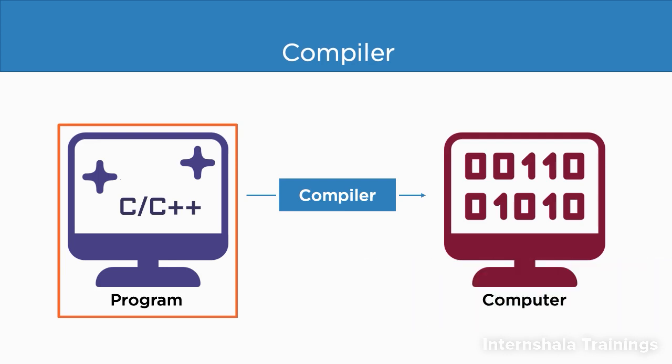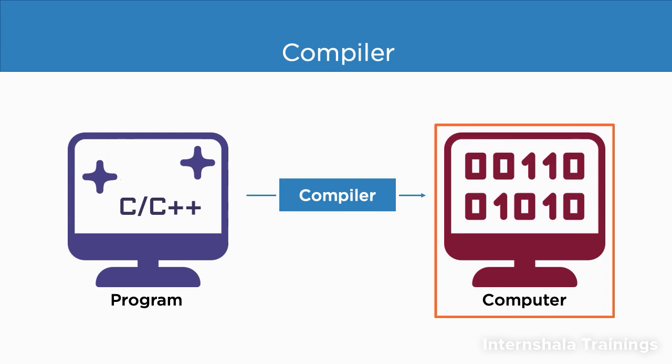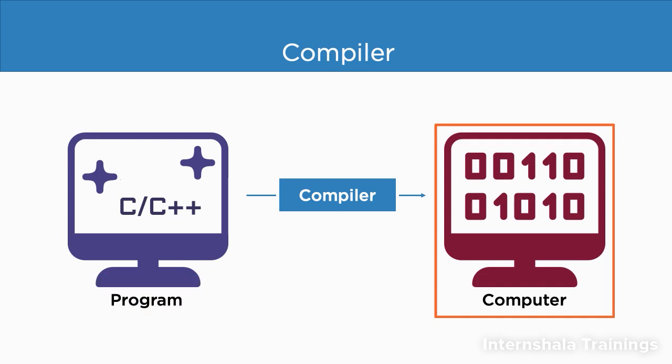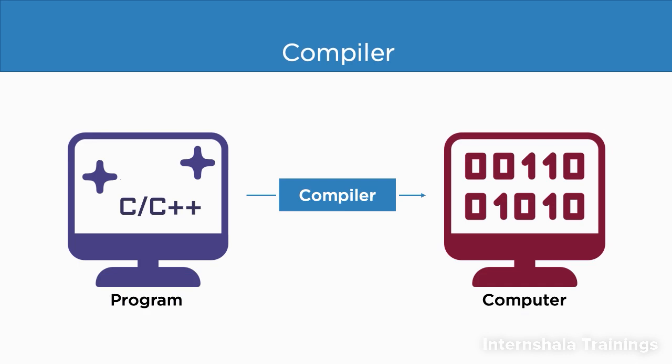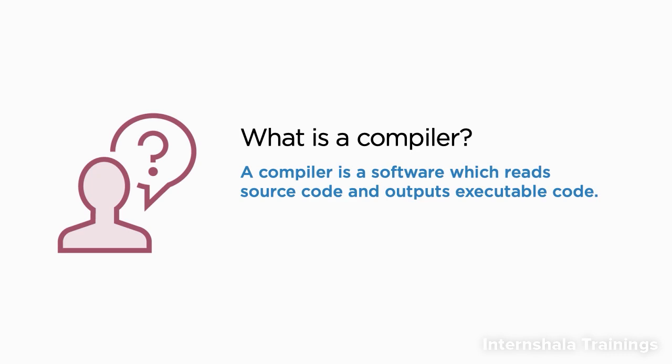And when you convert such source code into a format which is understandable by a computer, it is known as executable code. Fine, so please note that. So finally, what is a compiler? Well, a compiler is a software which reads source code and converts it into executable code. Quite simple, isn't it?